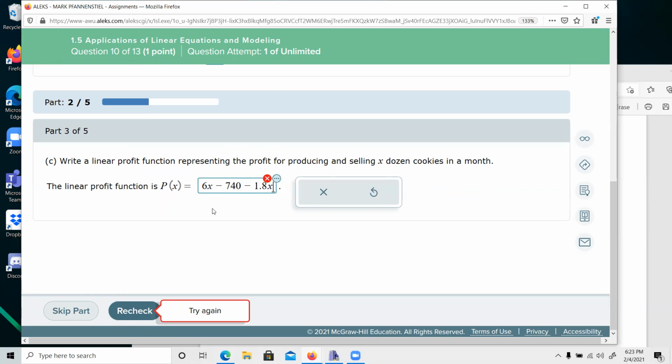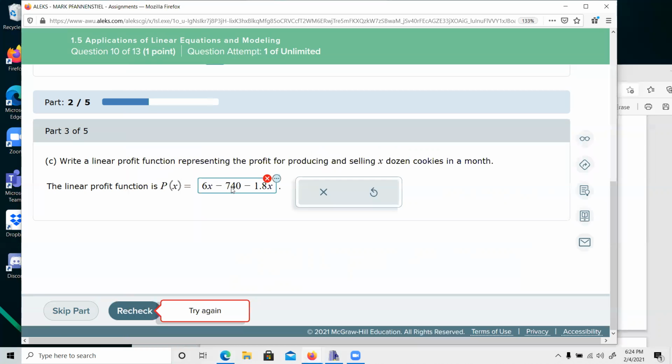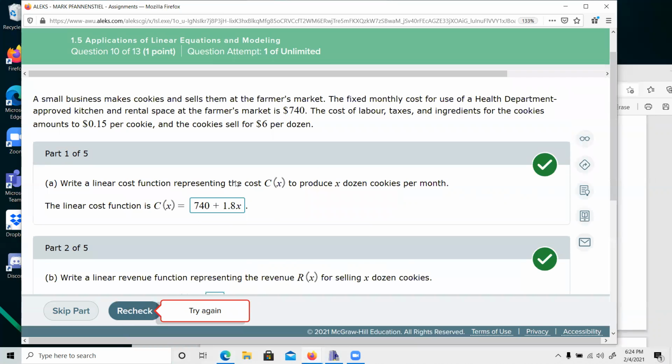Okay, so 6 minus 1.8 is going to be 4.2. My fixed cost was 740.